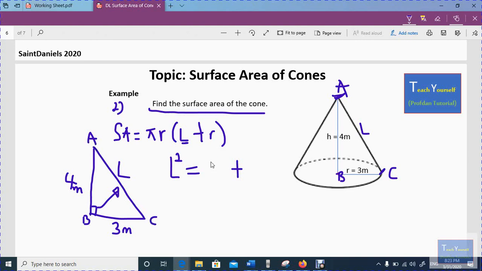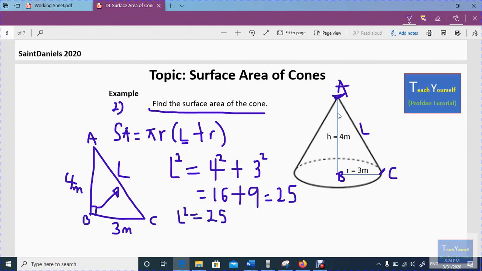So AB is 4, squared, plus BC, which is 3, squared, okay? So this gives us 4 squared, which is 4 times 4, 16, plus 3 squared, which means 3 times 3, and that is 9. This gives us 25.